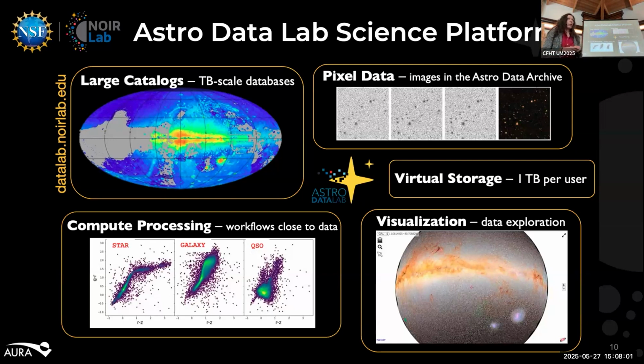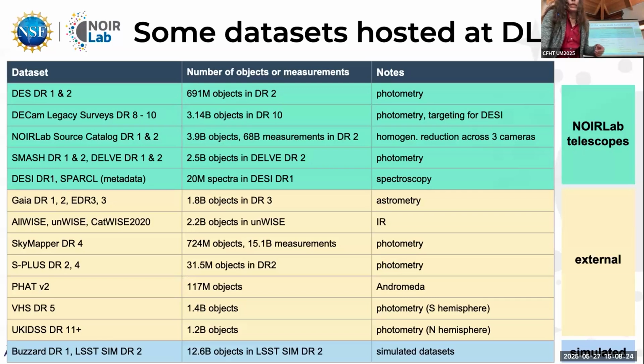We do offer 1 terabyte per user of storage. And this is free. And then compute processing. There is no supercomputer, but we do have some reasonable amount that you can work with basically on our machine, so you don't have to download anything. So you can connect. We have a JupyterLab and also other ways for data visualization.